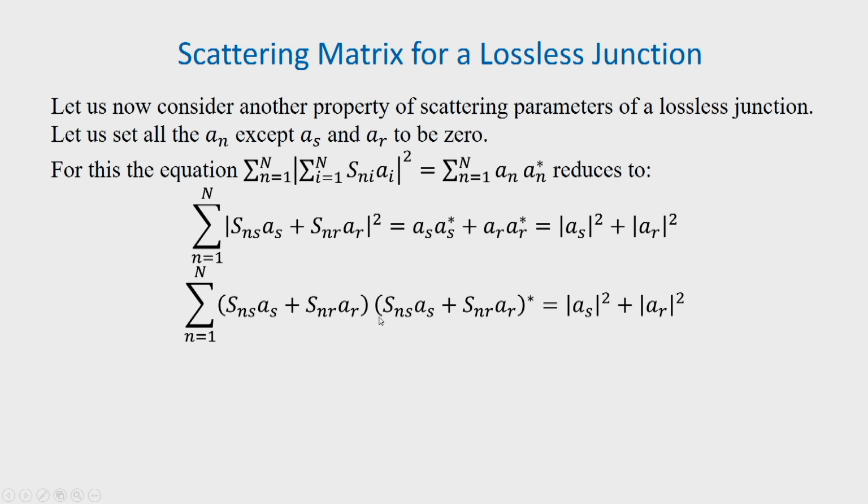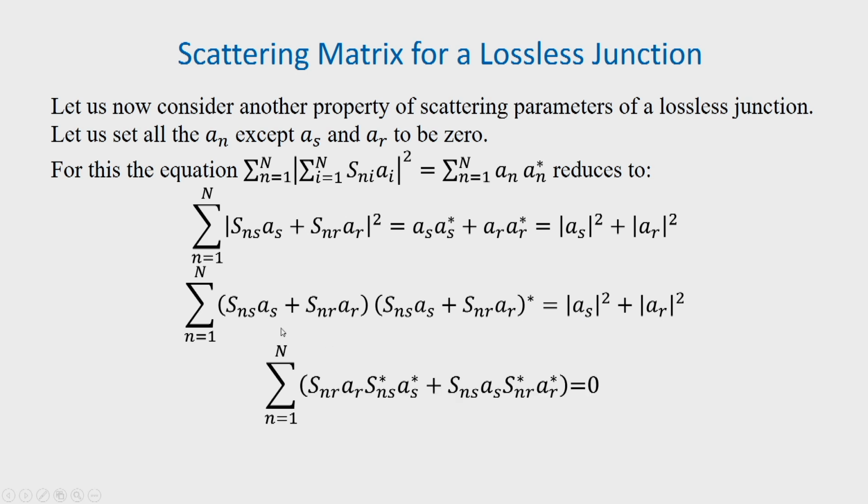If we expand this product, we will have terms like summation of small n equal to 1 to capital N mod of S n s squared mod of A s squared. This summation of mod of S n s squared, as we have seen, becomes 1, so we will have mod of A s squared. Similarly, the product of these two terms will give mod of A r squared, and that will cancel with these two terms.